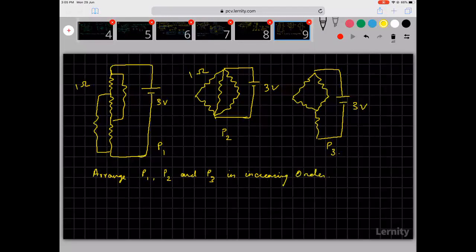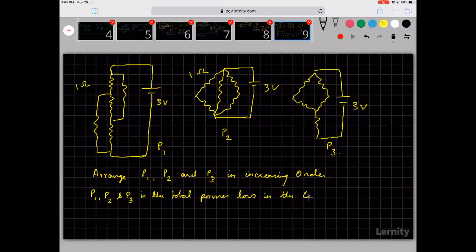P1, P2, P3 is the total power loss in the circuit.